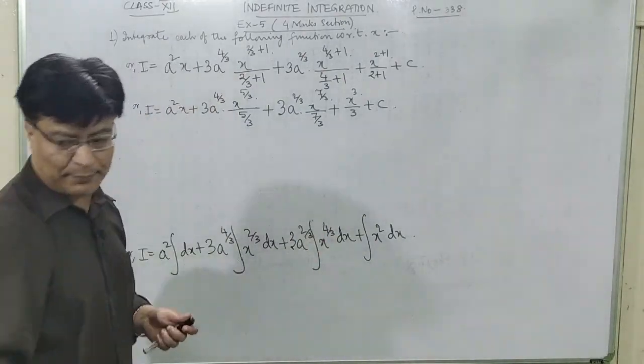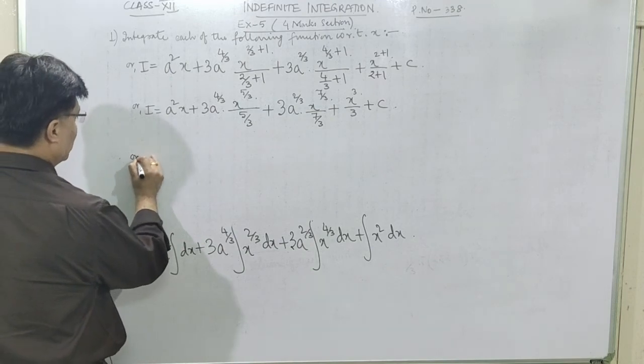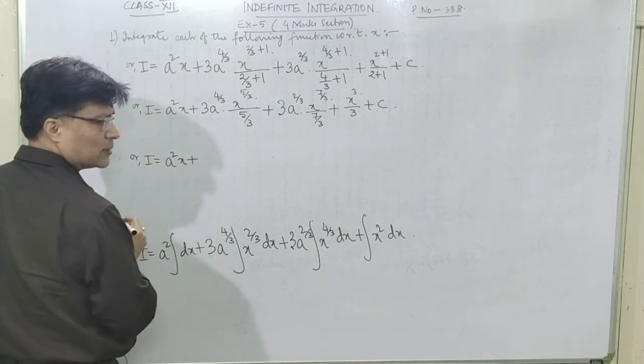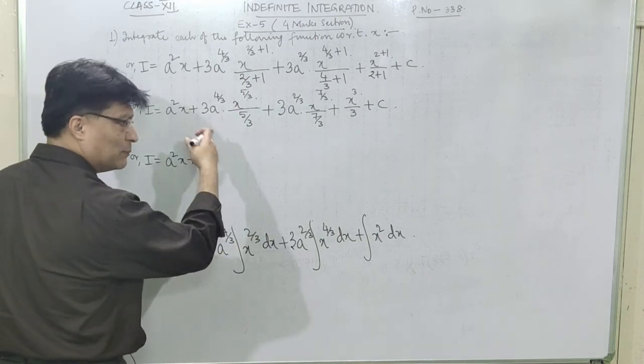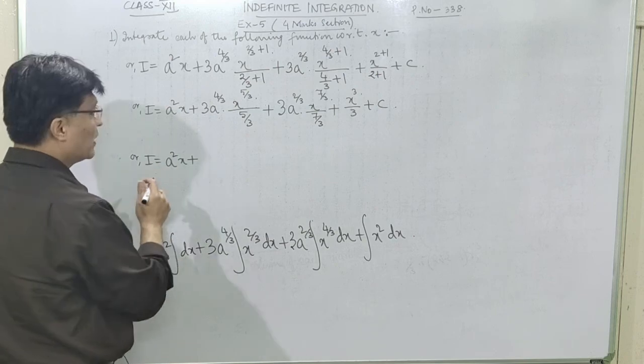So in the next step, what will you write now? I is equal to a square x plus, now this 5 by 3 it becomes 3 by 5 when it goes up in the numerator, isn't it?